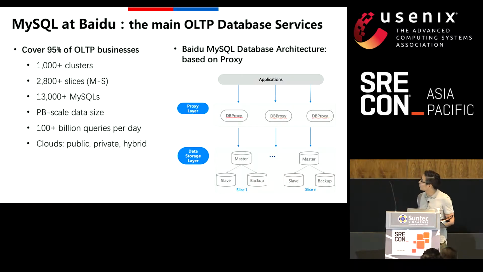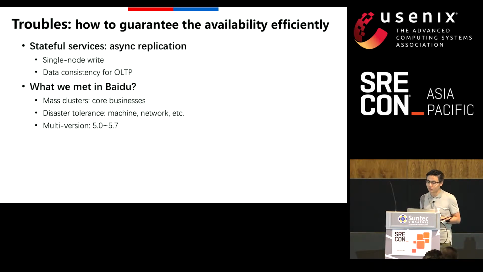On the right is Baidu's MySQL architecture. The application accesses the MySQL storage through the proxy layer, and the proxy layer can do write and read separation, load balance, and sharding. As we know, different from the stateless application modules, MySQL is a stateful service with data.